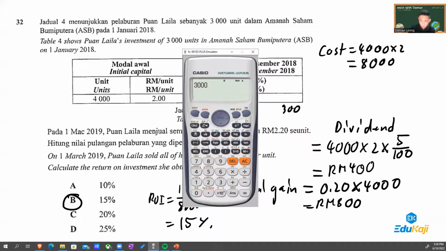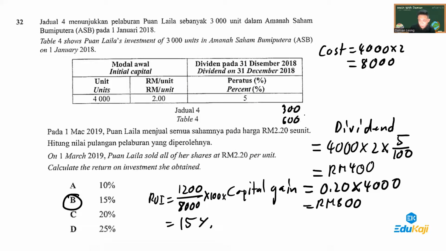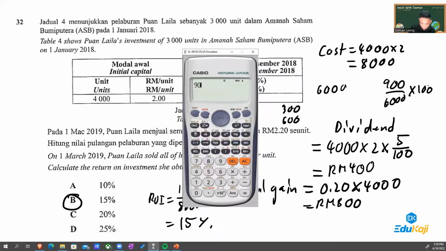Then 3,000 times 20 cents is 600. The cost is 3,000 times 2, 6,000. If I take 900 over 6,000 times 100, you will also get 15% actually.